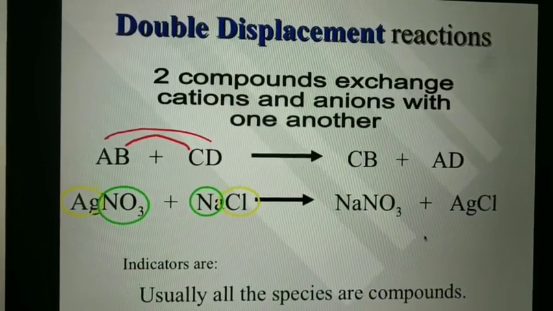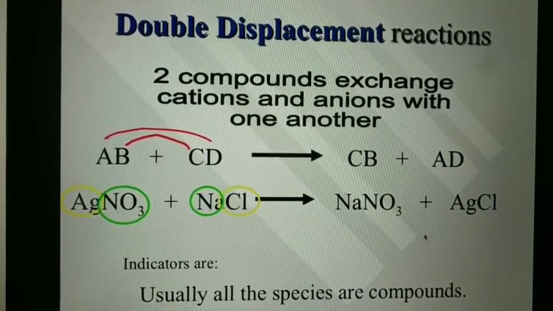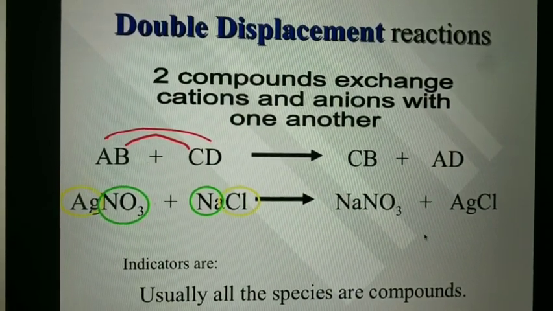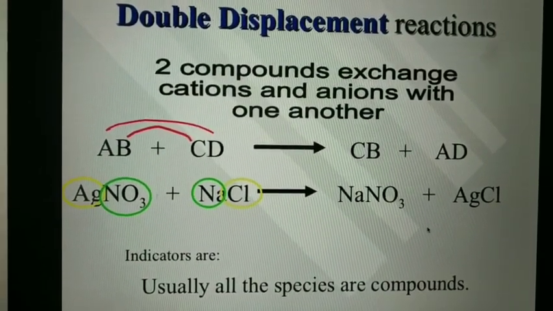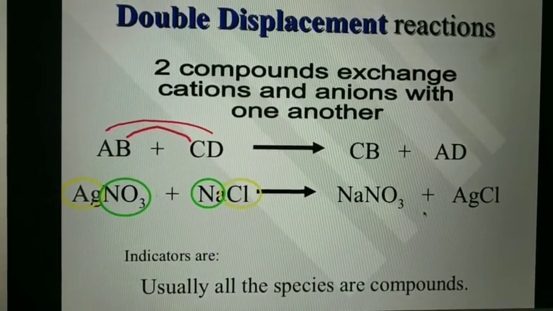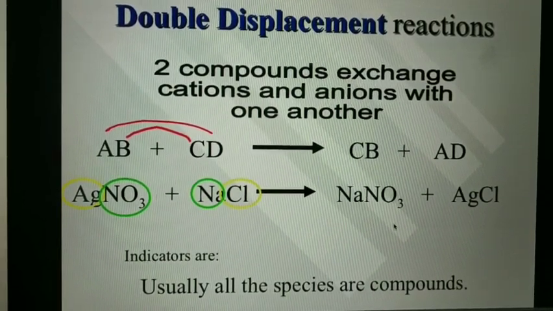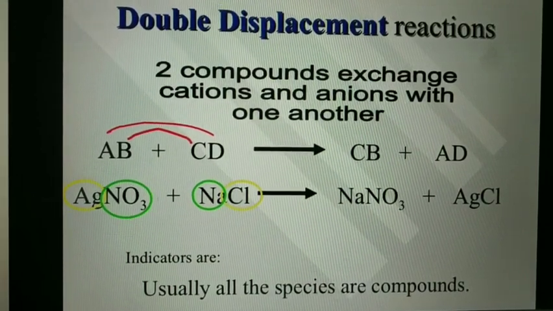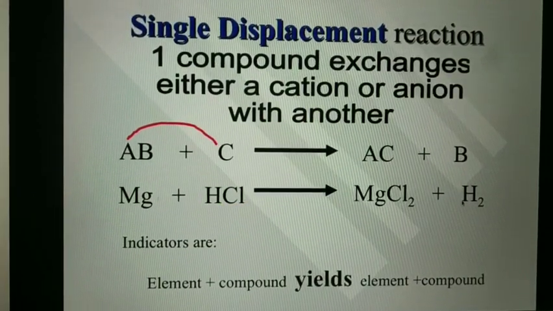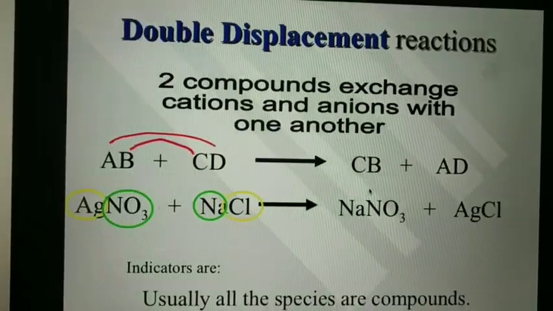So now this is the catch. If you see any reaction in a question, we will practice that one too, you can catch that if both are compounds, then this is a double displacement reaction. And if only one compound and one element is there, that is a single displacement reaction.